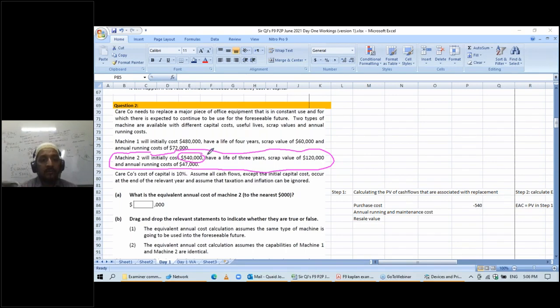Then the replacement time given is 3 years, the scrap value is 120,000, and the annual running cost is 47,000.